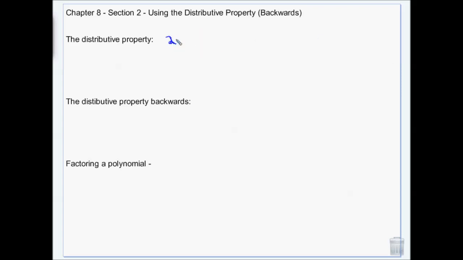So let's do 2 times 3x plus 5. This will work. So I get 6x plus 10. So then if I take 6x plus 10, the greatest common factor of 6 and 10 is 2. So I get 3x plus 5.